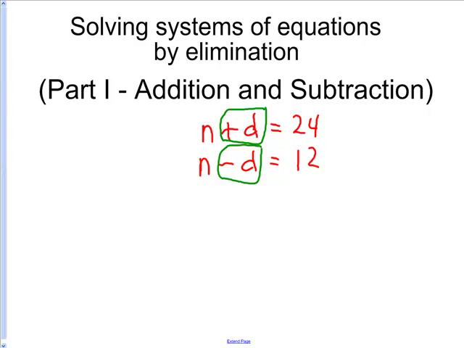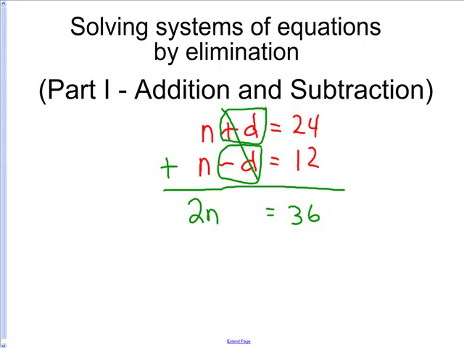Remember that d is the same variable in both equations. So if I were to simply add the two equations together, and when I do this, I'm going to add vertically, adding like terms, I get 2n, for n plus n. The positive d and the negative d go to 0. And I get, on the right side of the equal sign, 36.